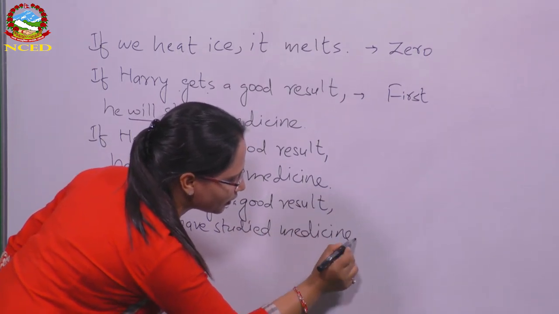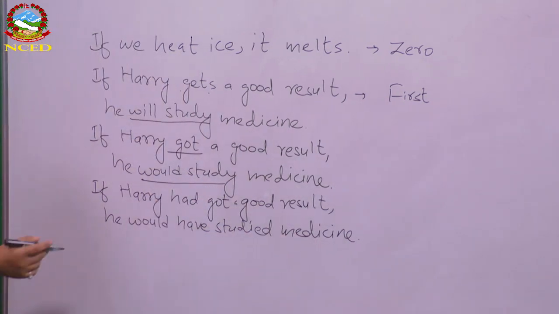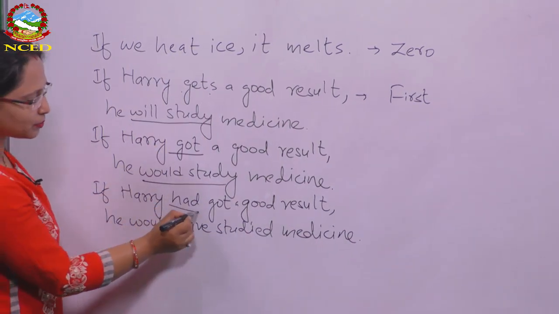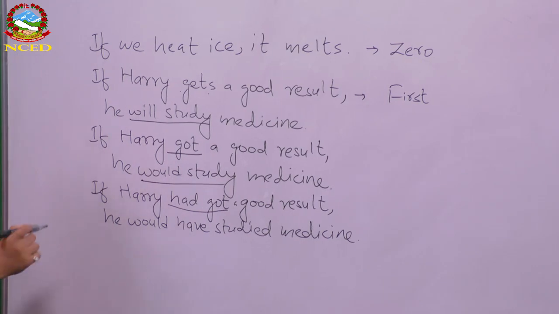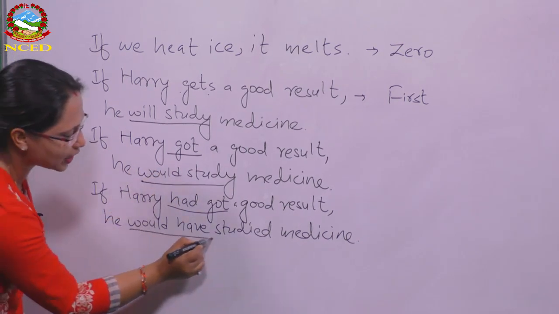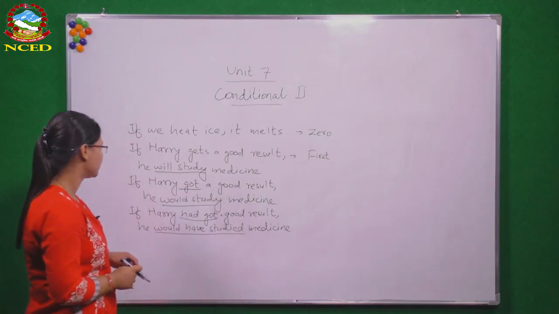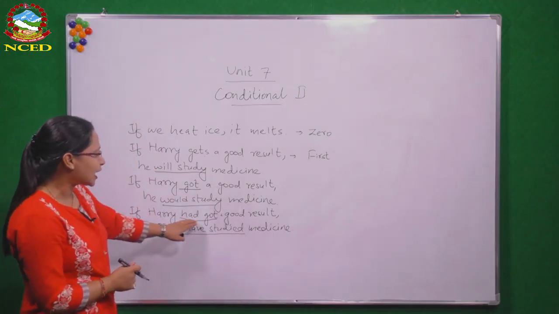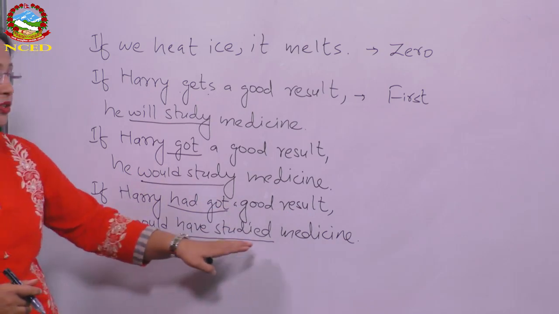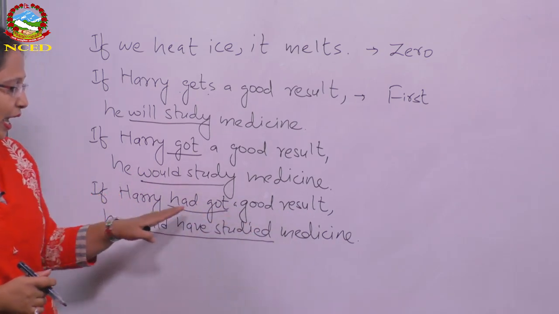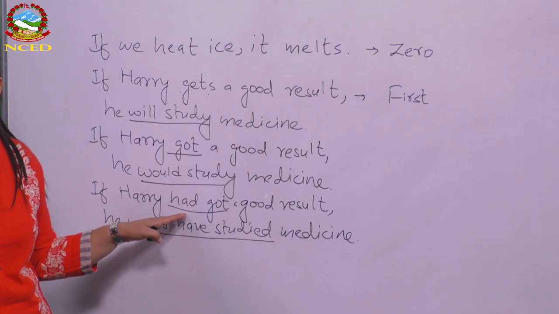Again the tense is changed. Simple past is changed into past perfect here, and would study becomes would have studied. So what change in meaning do you notice here now? If Harry had got a good result, he would have studied medicine means Harry did not get a good result.